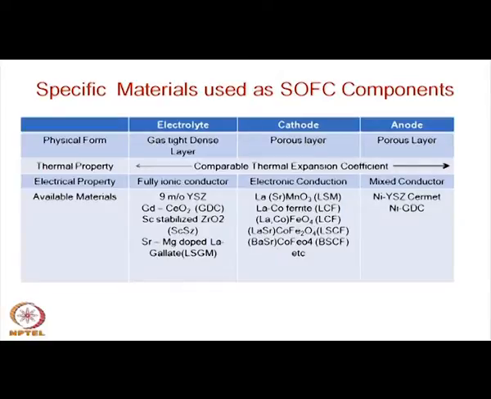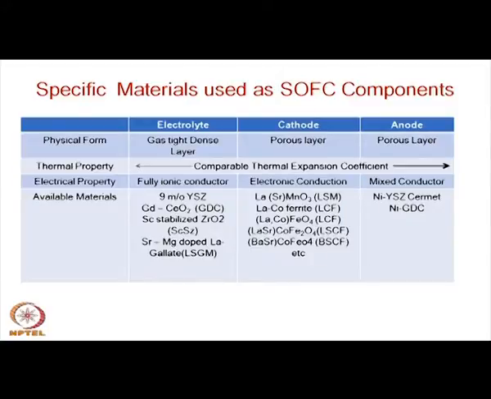There are a couple of polymorphic forms, and it goes through a phase transformation somewhere around 600 degrees. The higher temperature phase is more electronically conducting than the lower temperature phase. So if you want to stabilize the high temperature phase, you can dope with strontium, and the high temperature phase gets stabilized, and the conductivity also increases.